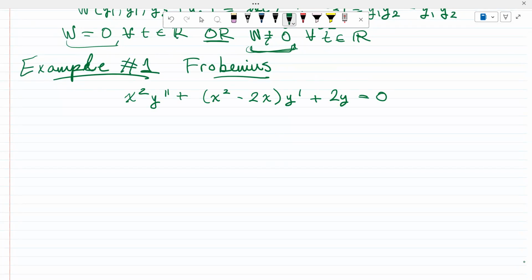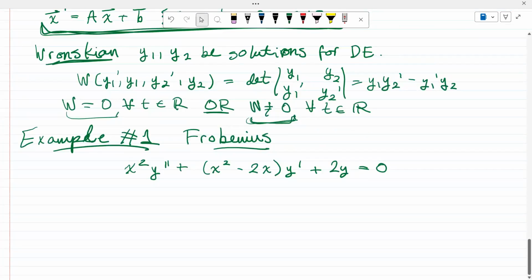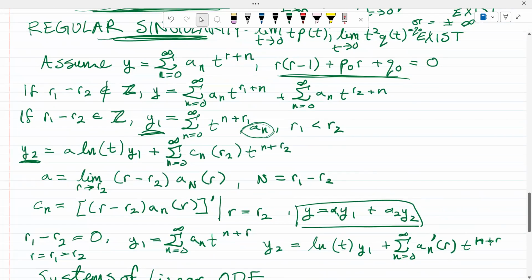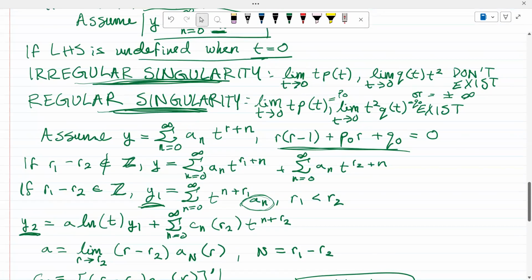Okay. So, before we can actually incorporate Frobenius, we need to double check that we can even use Frobenius, right? Because we need to make sure that we have a regular singularity here.